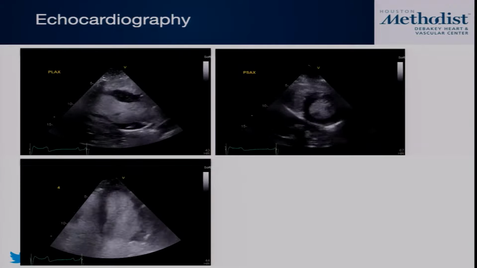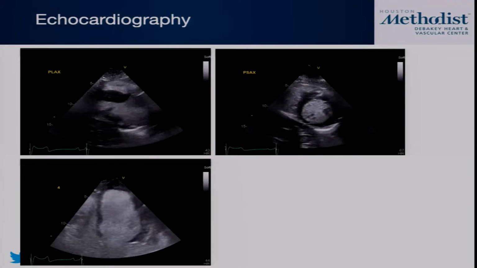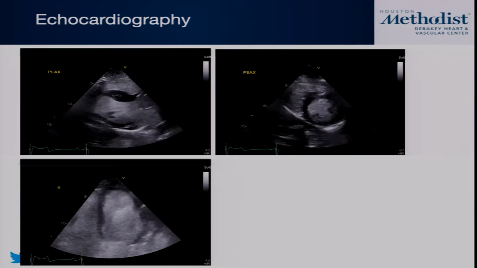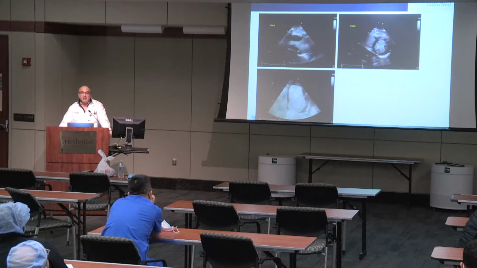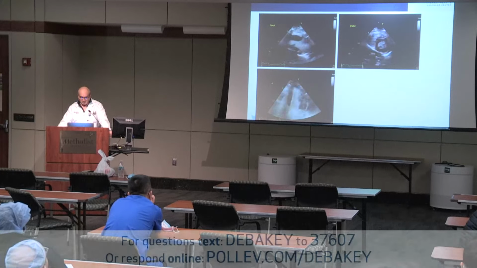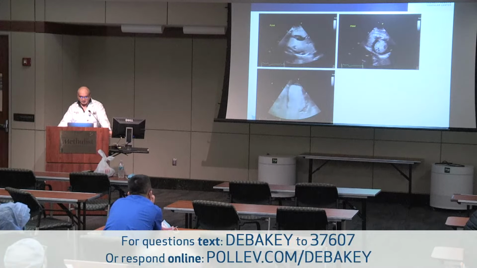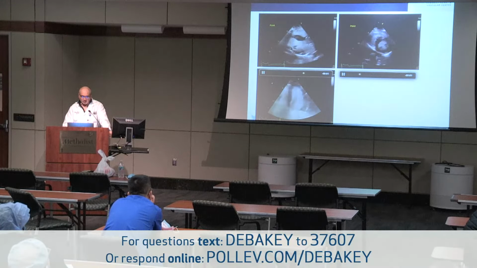So maybe we'll go to one of the second-year fellows. Anybody want to tell me what they see on this echo? Because this patient, based on this EKG, got hospitalized and underwent an echocardiogram. What do you see? Okay. So overall LV function looks good.